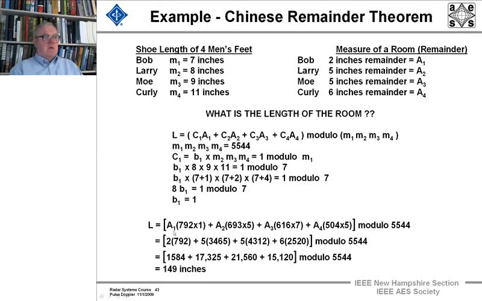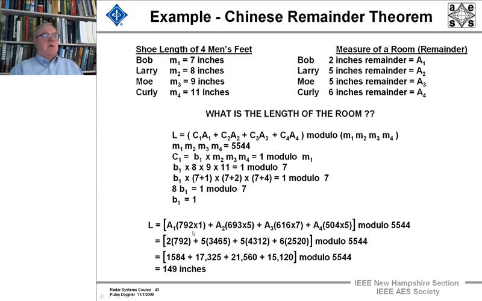And I want you to just, by yourself, go through this arithmetic, learning what the modulo is. Think about it. And I want you to do this not just for C1 and B1, but I want you to calculate for the whole what the lengths are. In other words, calculate these numbers here and prove that the length of the room is 149 inches.